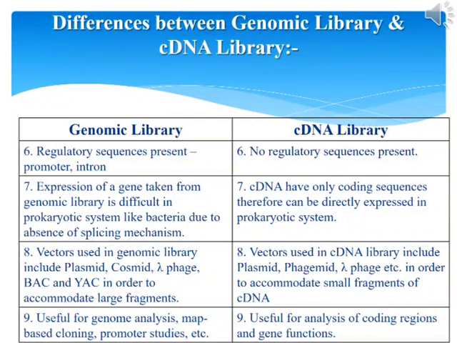Whereas in the case of cDNA libraries, the vectors used include plasmid, phagemid, lambda phage, etc. in order to accommodate small fragments of cDNA in them. A genomic library is useful for genome analysis, map-based cloning, promoter studies, etc. A cDNA library is useful for the analysis of coding regions and gene function.